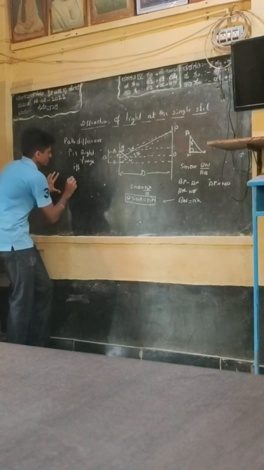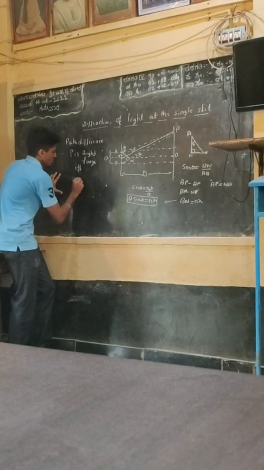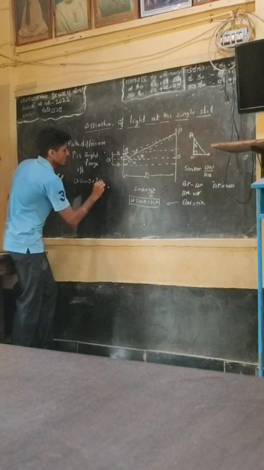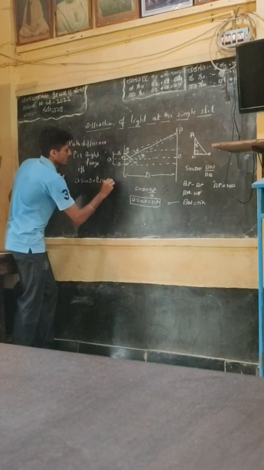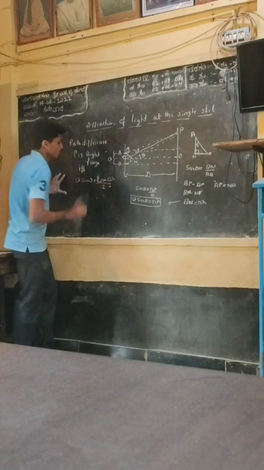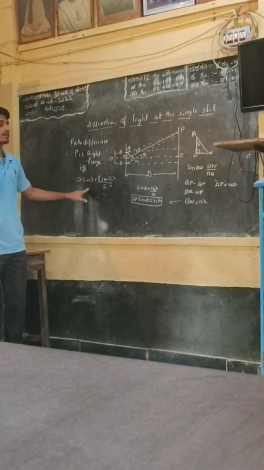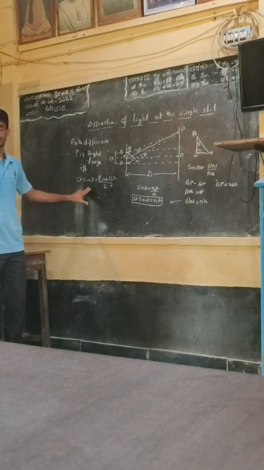You can write it as A sin theta is equal to (2n plus 1) times lambda divided by 2, which is the equation for the secondary maxima, a bright fringe.